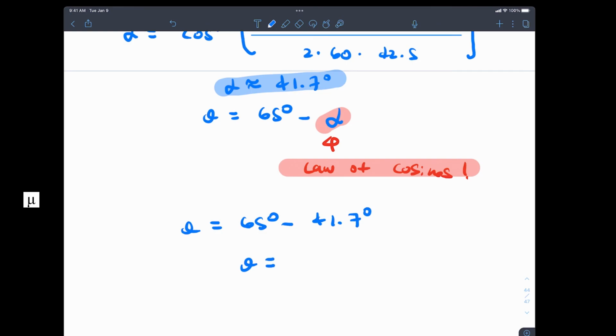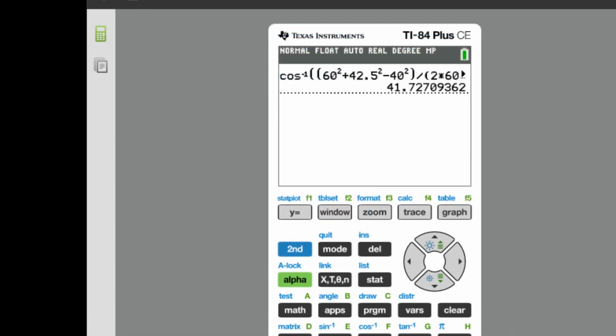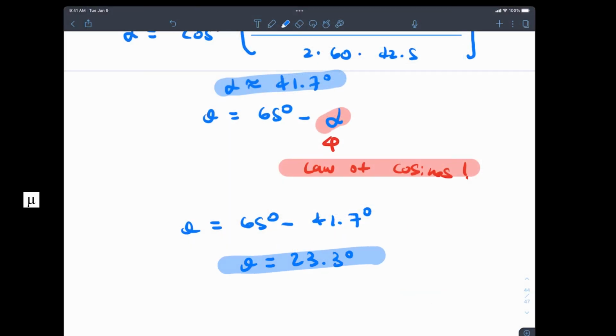Okay? So we're going to go to the TI. 65 minus 41.7. What do you end up with? Anybody know? 23.3 degrees.